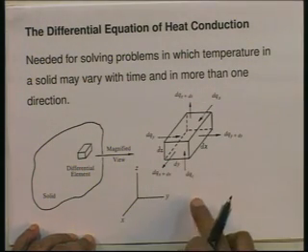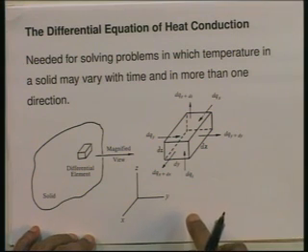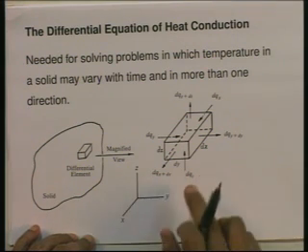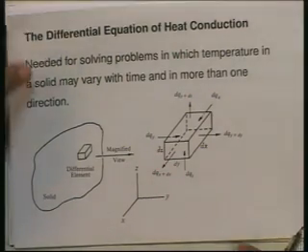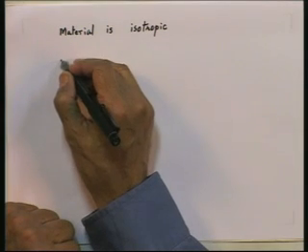Now, we will use Fourier's law of heat conduction to write down expressions for each of these quantities. What will we get from Fourier's law? We will get the following. Let us look at the first one, dqx.